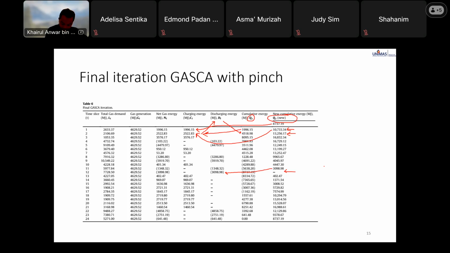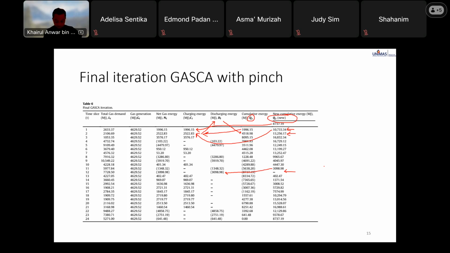Figure 8 shows the graphical pinch analysis principle to produce demand-supply composite curve. Based on the graph, the targeted gas generation capacity for AD was 469.52 megajoule per hour, inverse gradient of the supply graph, whereas the targeted gas storage capacity was 16,988, maximum horizontal difference between demand and supply curve.